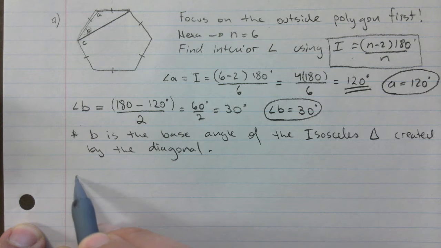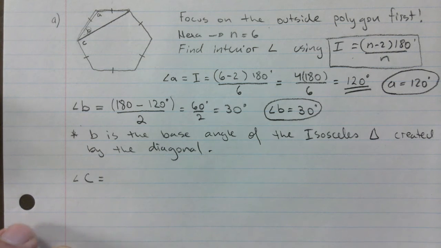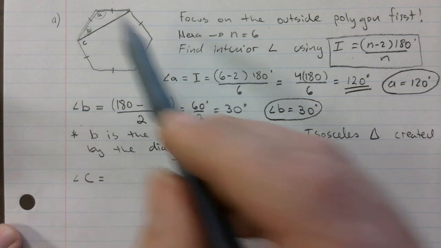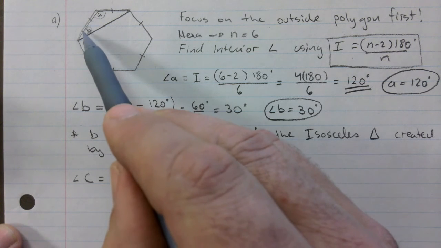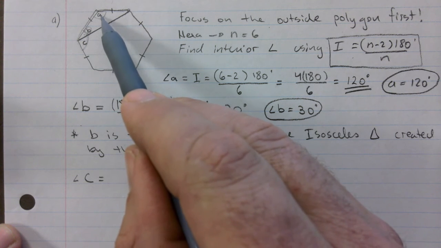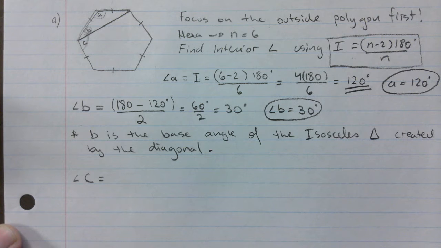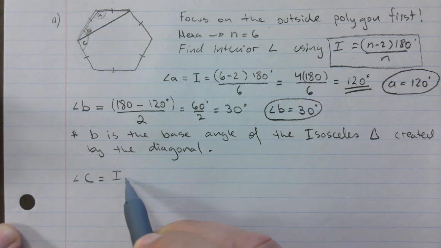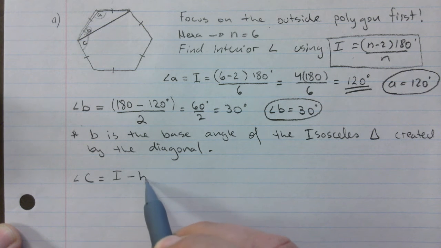How would you do C? A subtract B. Yeah. In this case, A here is the interior angle, right? So this whole thing is the interior angle, which in this case happens to be A. So what I will do instead of A subtract B, I will go interior angle minus the one that's above it, right?